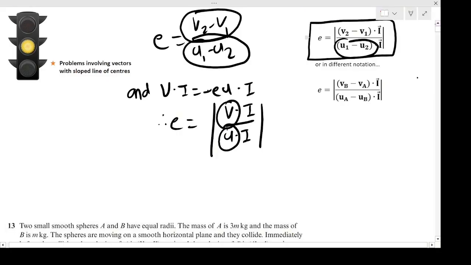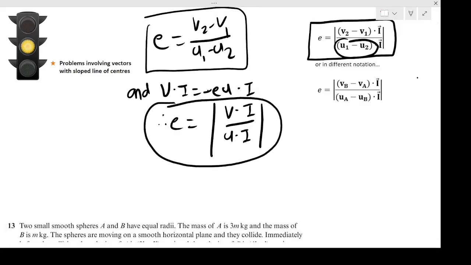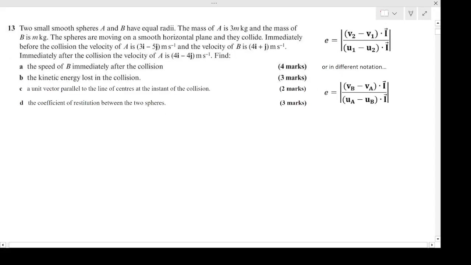So there we are. So that's how we arrive at this formula for E. Okay, so we just basically combine the standard restitution equation and the equation we looked at with walls, right? So there we are. So let's just jump into this question then.